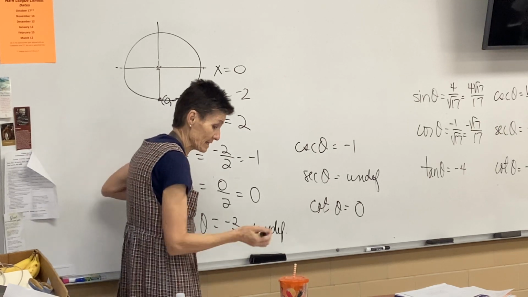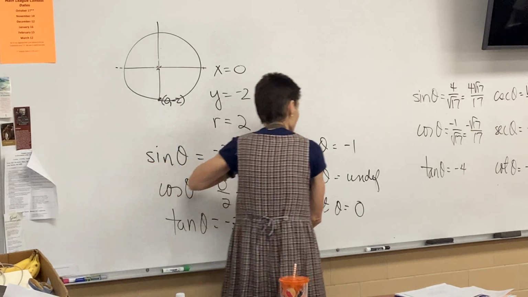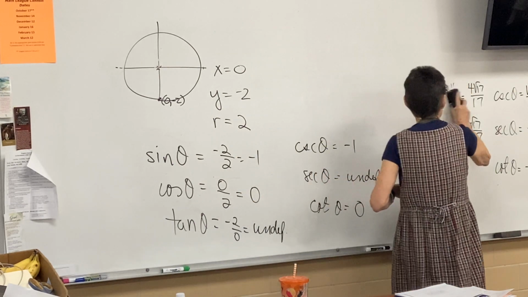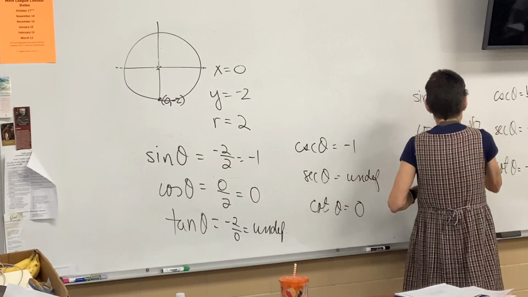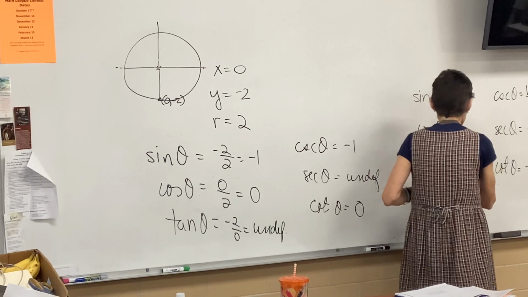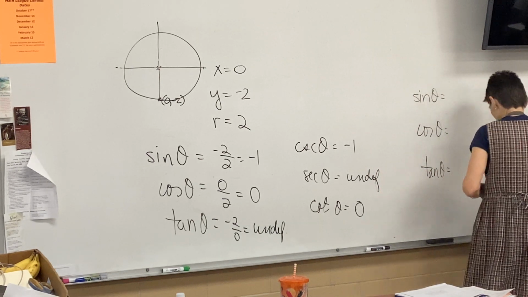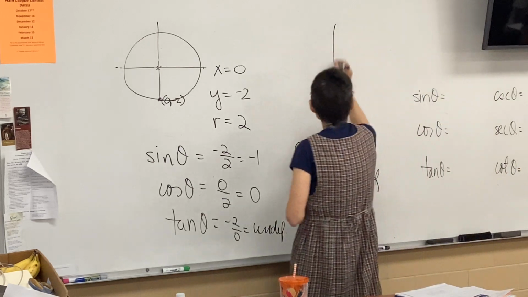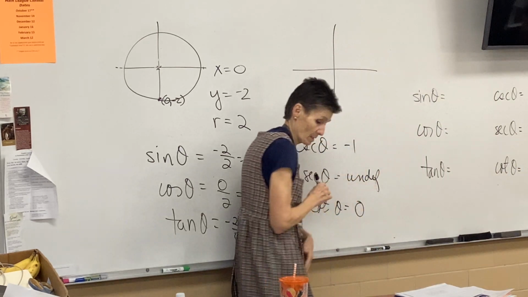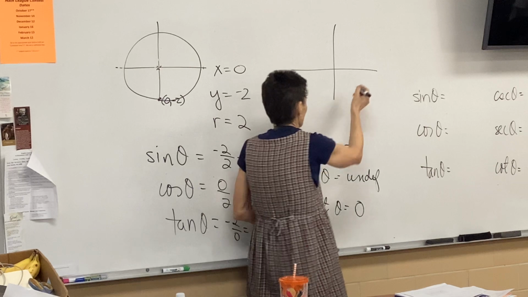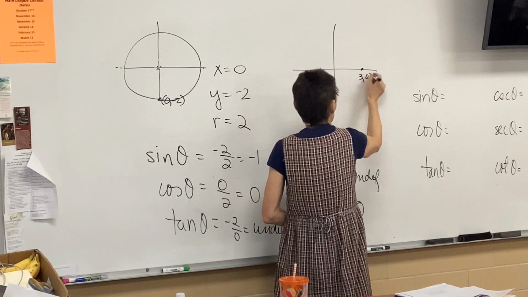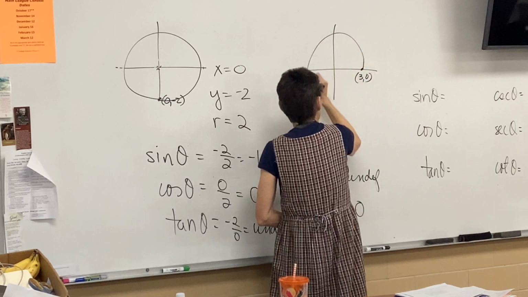Would you try D? It is exactly the same kind of problem. Would you agree that your point is on an axis? Yes. Okay, so that means you're going to have to draw a circle. So my point is 3, 0. And when you draw a circle, it goes right through that point.